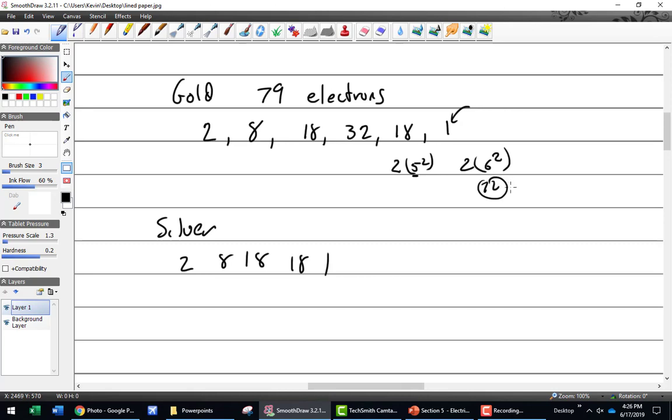Half of 72 is 36. So let's say this number here was 38. Now it's got more than half the allowable, and so it would be an insulator. Okay, so you follow? Yeah.